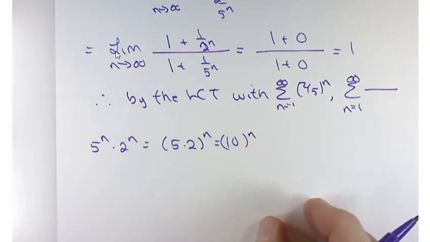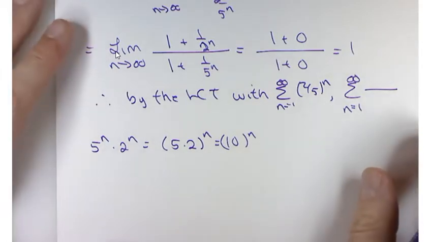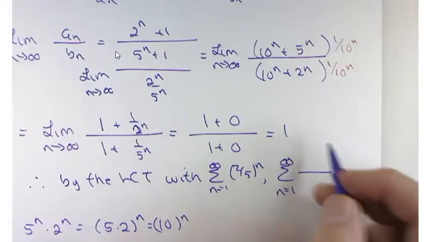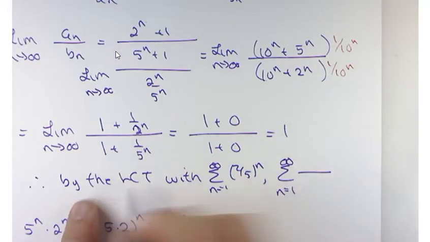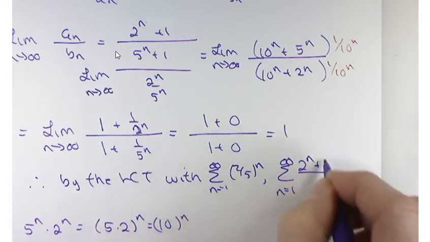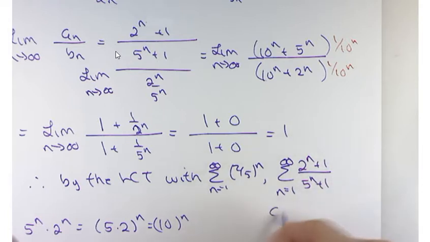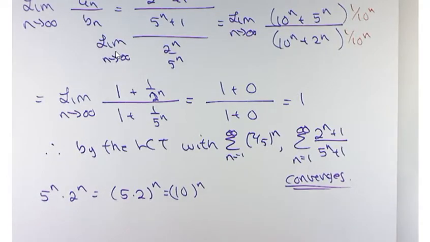Oh, okay. I thought it was squared. No, it's a good question, and I appreciate the question. So by the limit comparison test, this one converges: 2 to the n plus 1 over 5 to the n plus 1 converges. Well, thanks for the question.